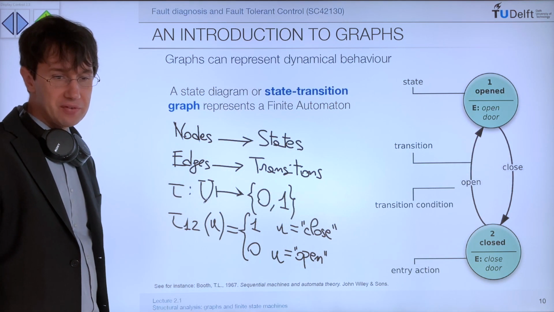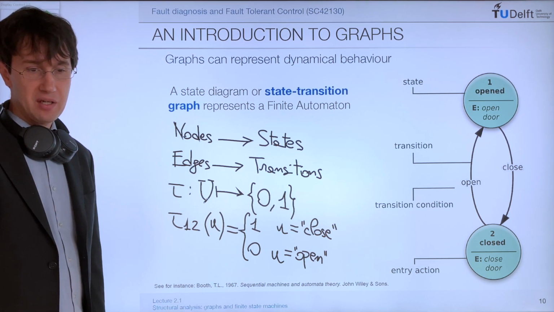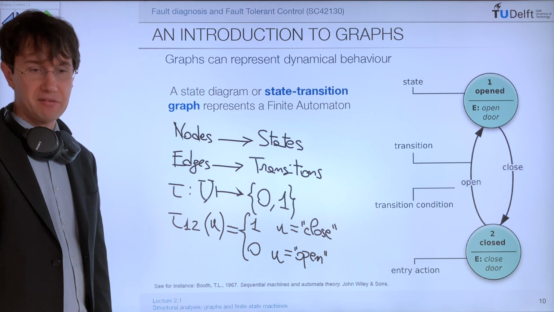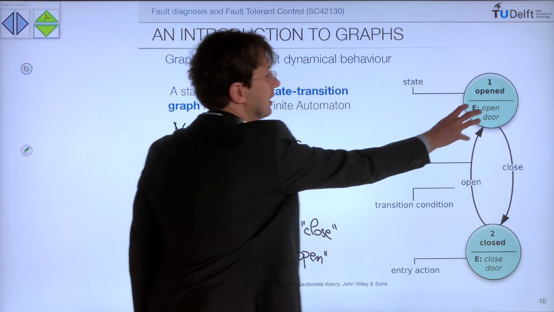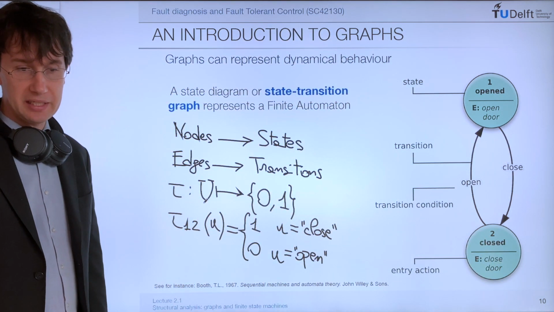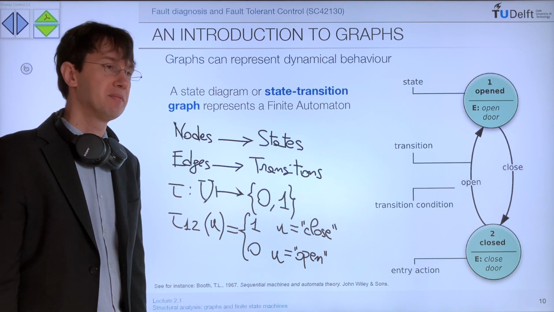These kinds of graphs are going to be useful for us when we describe how different components can provide different services in different conditions. So these states will describe the condition a component is in and how I can switch a component from one condition to another.